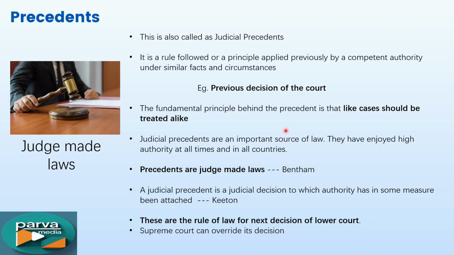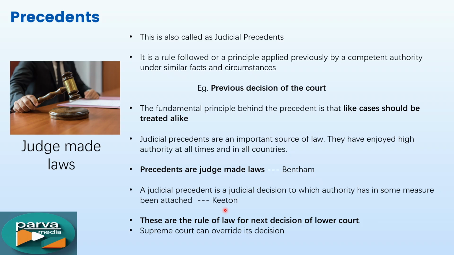Judicial precedents are not just helpful for decision making, they are a vital source of law. Across time and jurisdiction, they have held significant authority. That's why Jeremy Bentham famously said precedents are judge-made laws. And Keeton adds that judicial precedent is a judicial decision to which authority has in some measure been attached, meaning it is not just any decision, but one that carries legal weight.